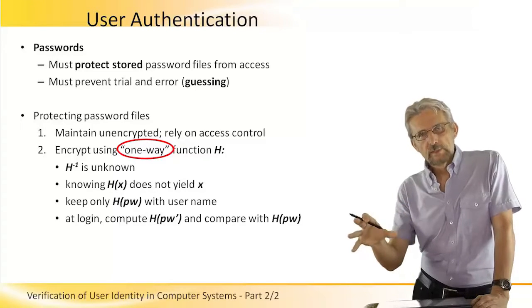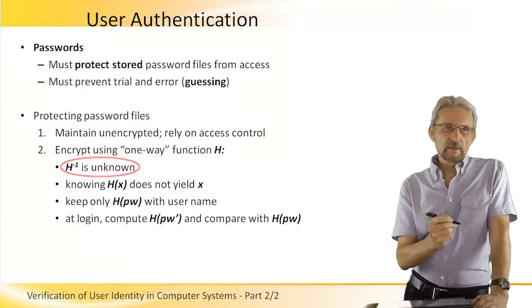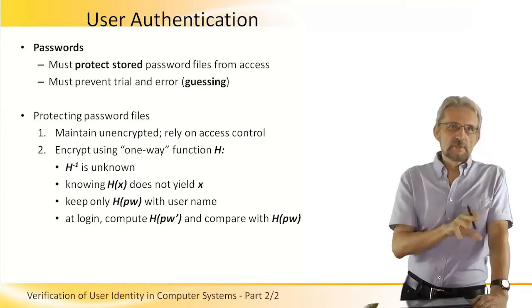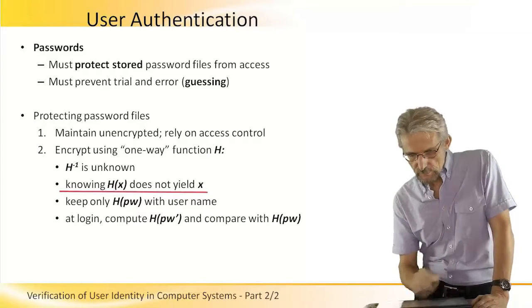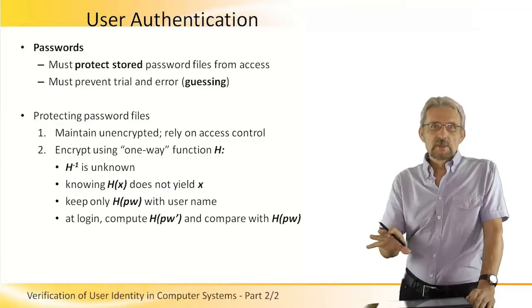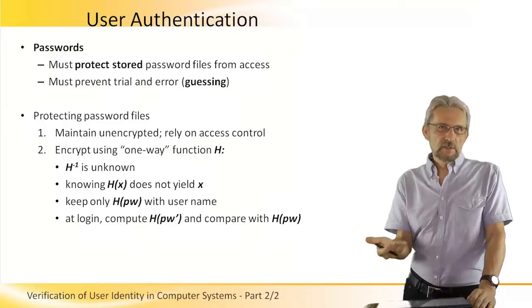So you can encrypt it, but there is no H inverse function to actually go back. So you can't, from the stored password, derive the actual password. And so if you know H of X, there is no way to know the password itself. And keeping the passwords in the system is safe, because you don't even have to protect them, because they're useless.